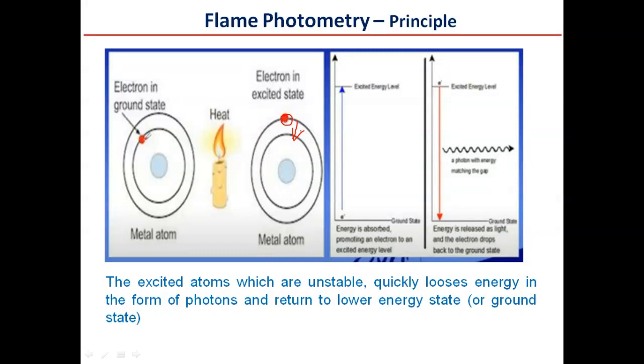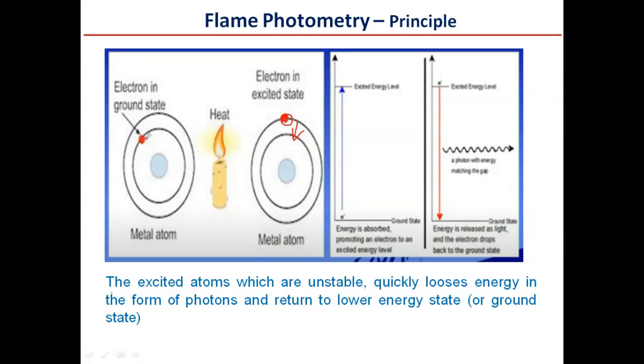During this it loses energy in the form of photons, and that is light, which has a specific wavelength. So here we can see, when the electron is excited to a higher level and the atom becomes unstable, the electron immediately loses its energy in the form of photons with a specific wavelength to return to the ground state, and this imparts a specific color.